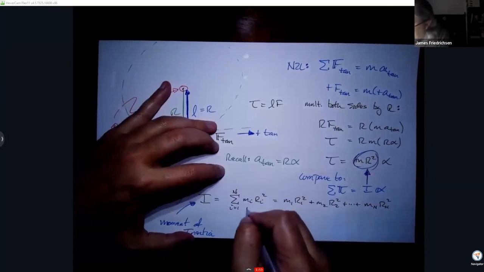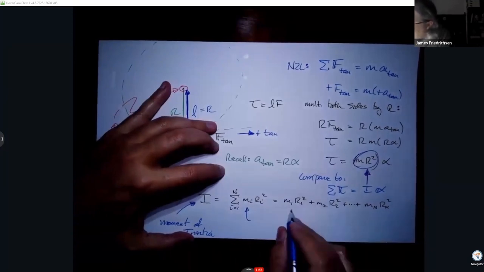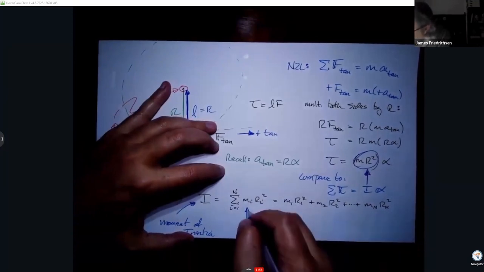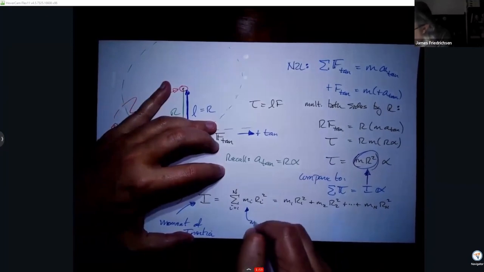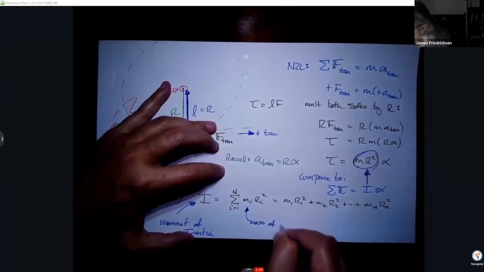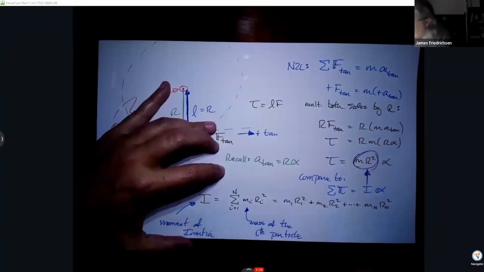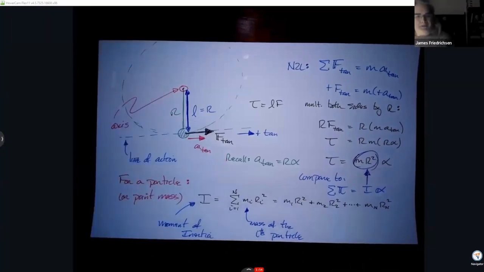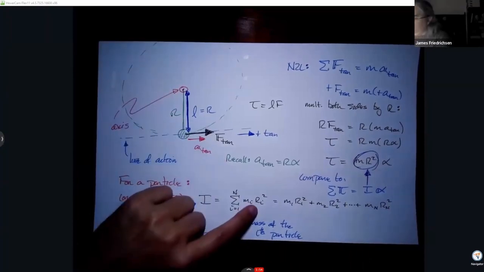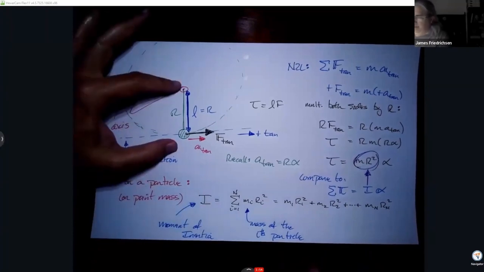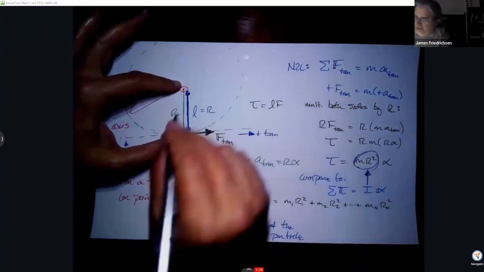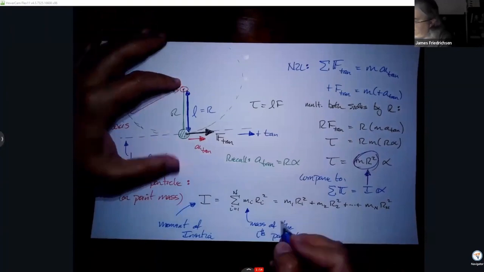This m is the mass of whichever particle that is, the first one, the second one, the last one. So this is the mass of the ith particle. And this r is the distance from the axis of rotation to where the mass is.